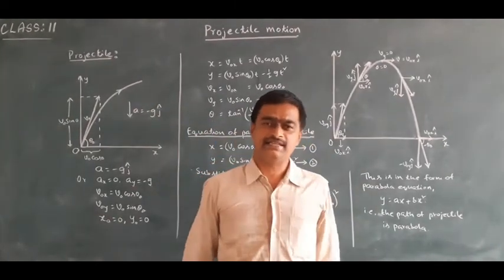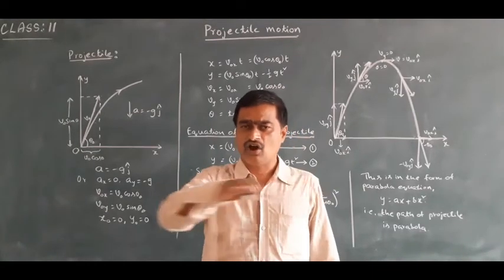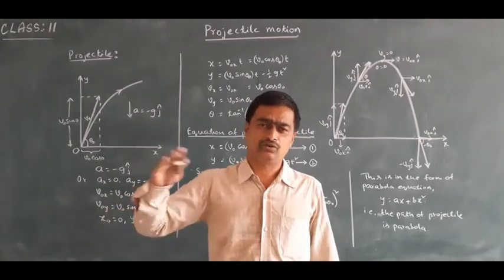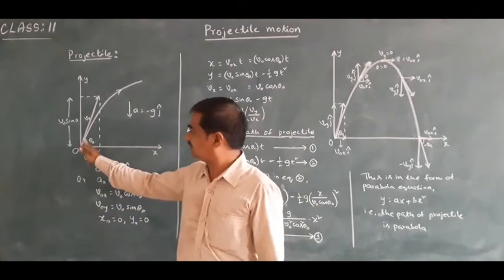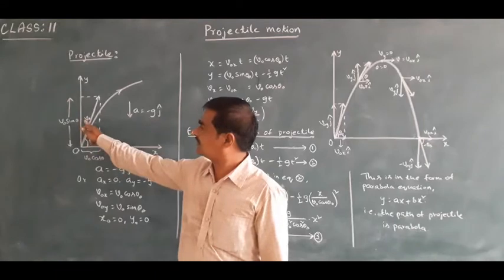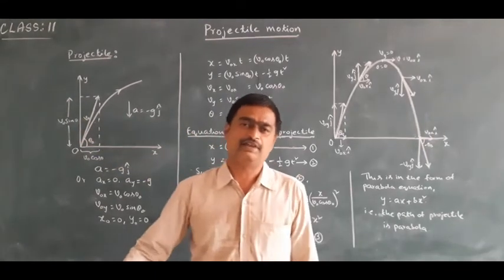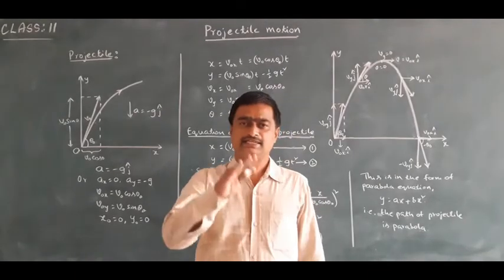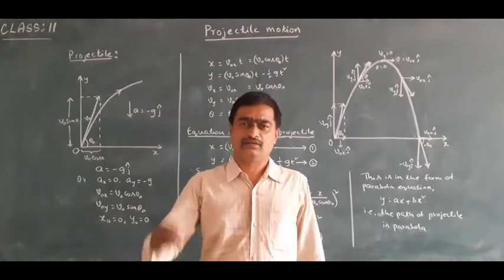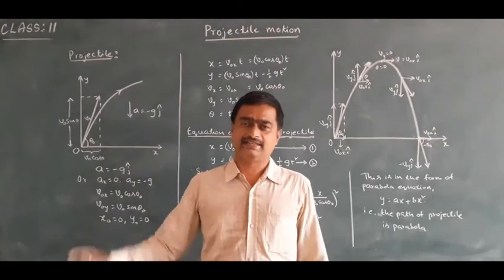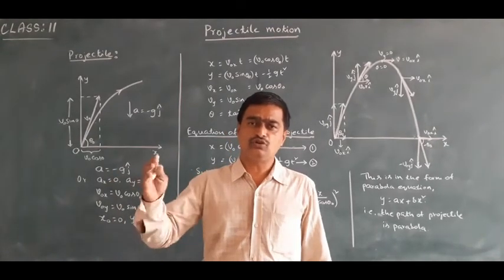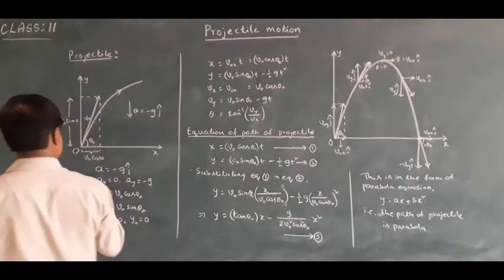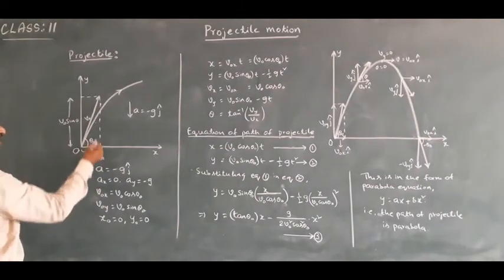Generally, we take a simple case where we take a horizontal surface and we project the body at some angle theta to the horizontal with some initial velocity v naught. If we throw the body like that, to understand this, we have to divide this velocity into two components: one is the horizontal component and the other is the vertical component.